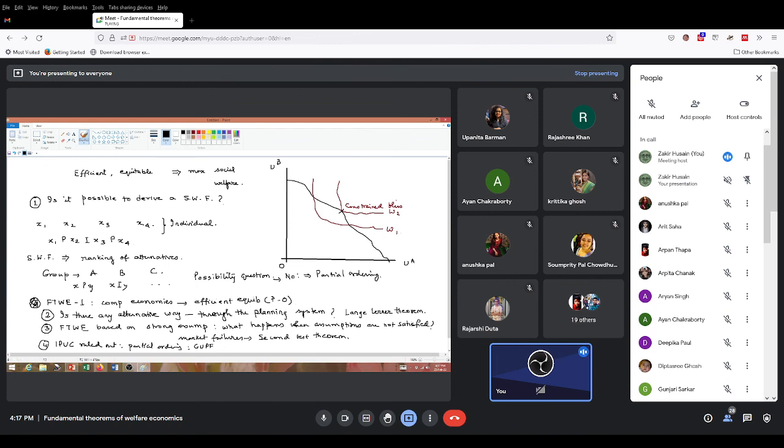I have the GUPF which are all possible alternatives. How do I choose the best point from here? And the answer to this question is given by the works of Hicks, Kaldor, and Scitovsky, and it is based on the compensation criteria.